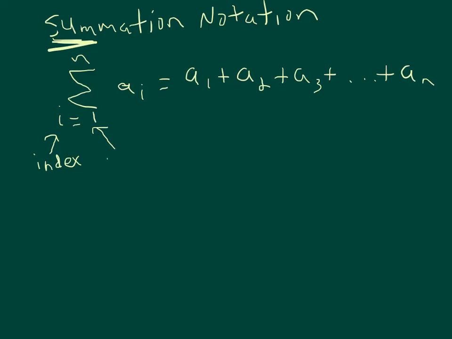It's where you start. It doesn't have to be a 1. It is a lot of times, it could be any number, but that's the number you start with. And the upper limit, which is n, is the number you end with.